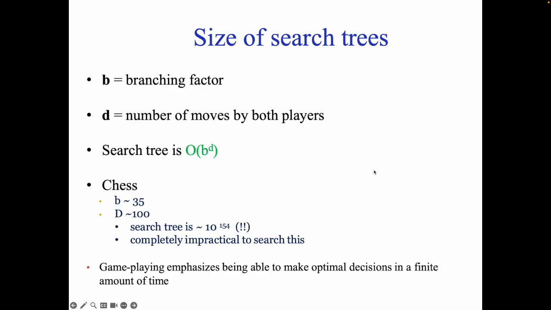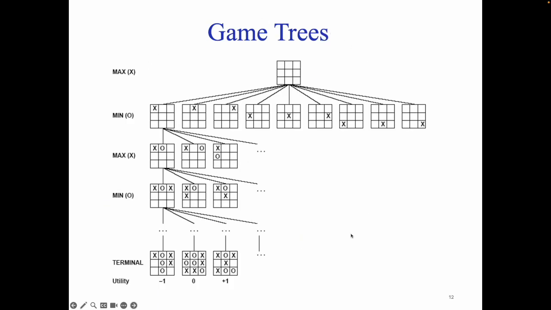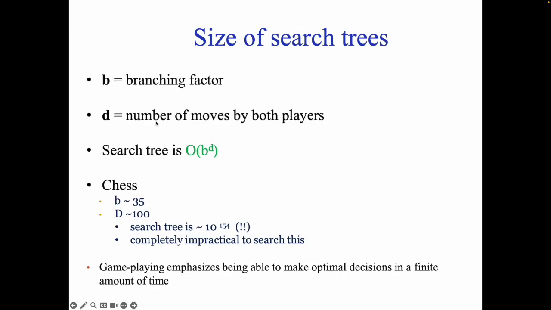So in terms of the size of your search tree, this is, for example, the game tree that you have in Tic Tac Toe. Here you have some initial state. The max player is always starting the game, right? And then he can have 9 different moves, depending on where we put X here.